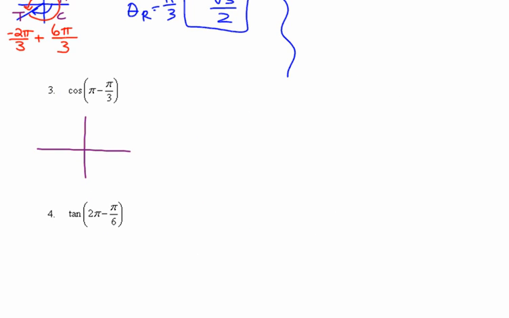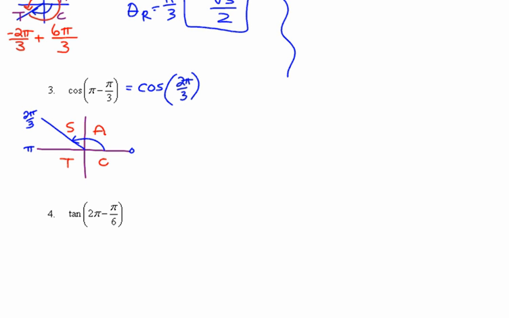So pi minus pi over 3, what is that equivalent to? 2 pi over 3. If you think of this as 0 and this as pi, we want two thirds of pi, right there, generally speaking. So using CAST, and we're dealing with cos, is cos going to be positive or negative?